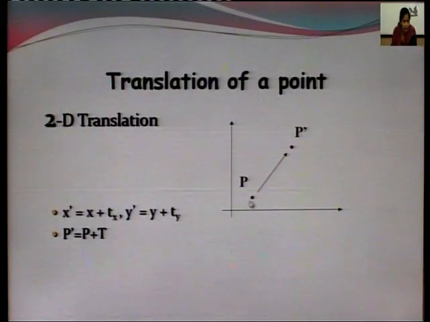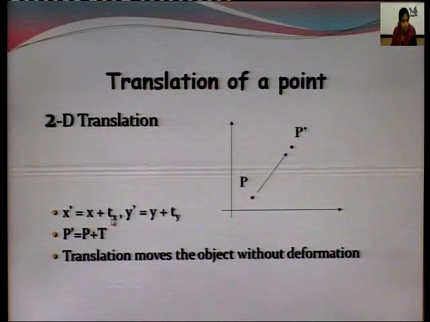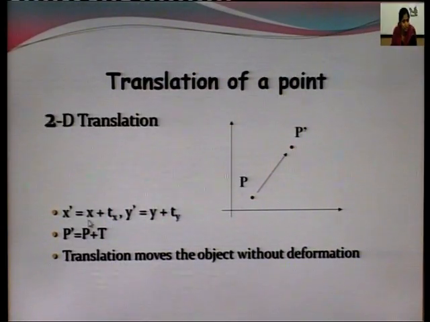If we add those translational distances to the individual coordinates, then we get the new point coordinates. P dash is equal to P plus T, where T is a column vector Tx and Ty, and P is a column vector containing the original coordinates x and y.